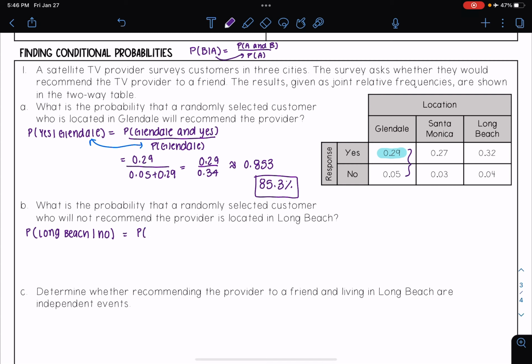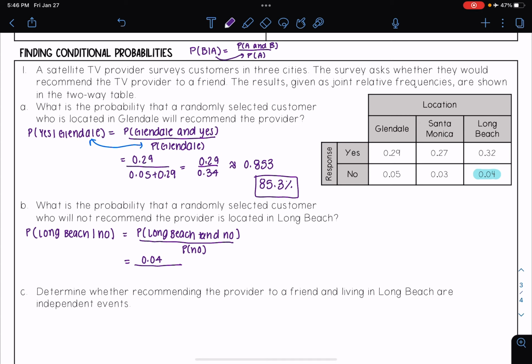Using our formula, that is the probability of Long Beach and no, divided by the probability of no. Our given is always going to be on the bottom. Looking at my table here, I see that the probability of Long Beach and no is 0.04.